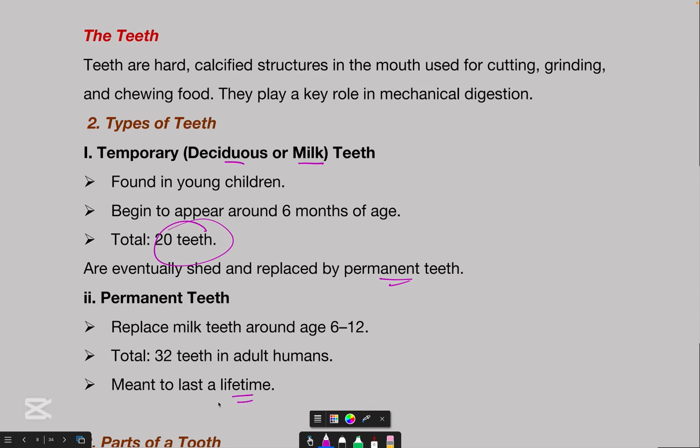That is why once you're an adult and your teeth fall out, you don't grow them back. Are you getting it? Why? Because the 32 teeth that you have are meant to last for a long time.